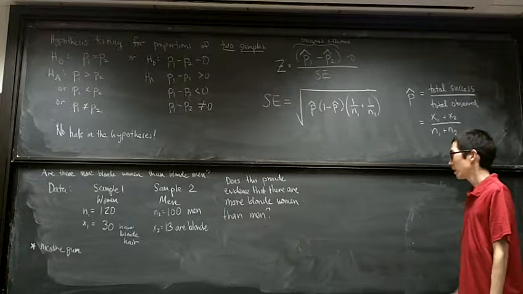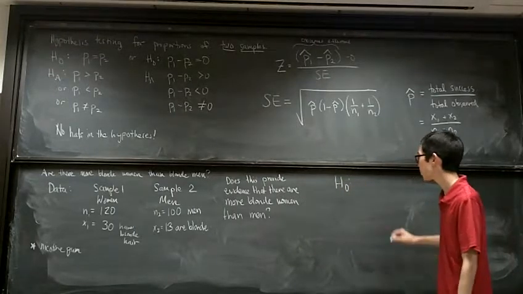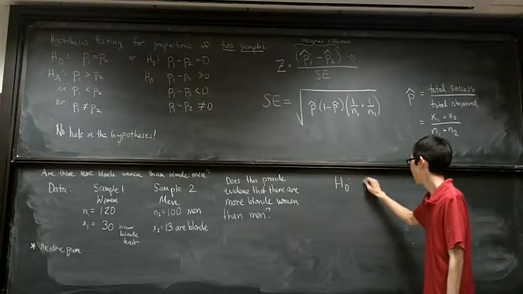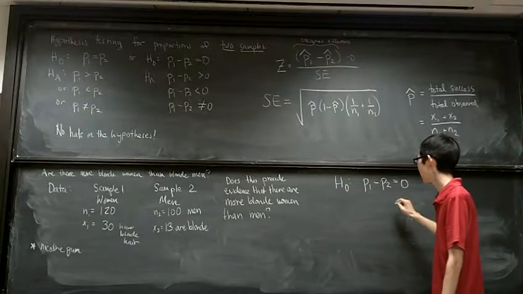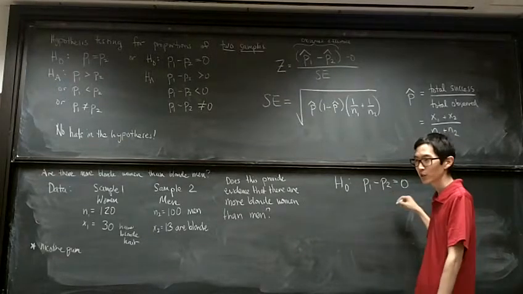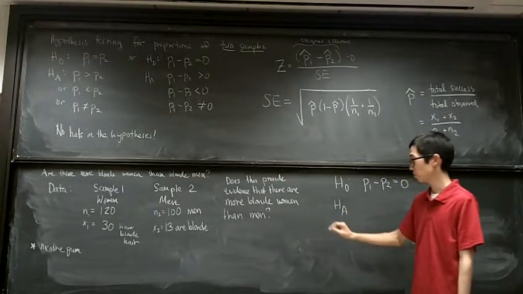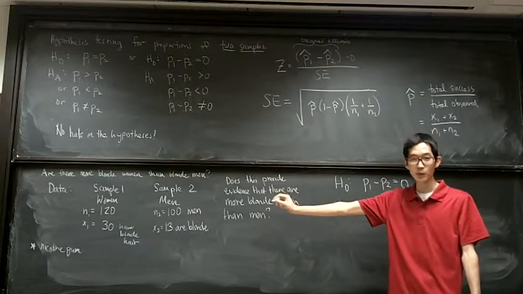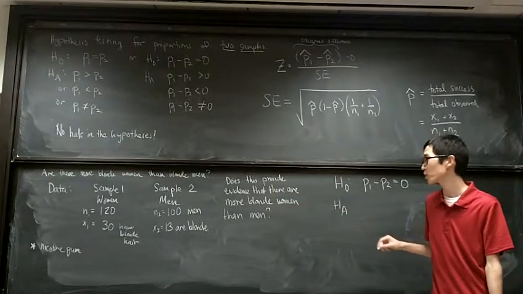All right, our null hypothesis would be what? p1 minus p2 equals 0. That's always going to be our null hypothesis. I could have written it as p1 equals p2, but I decided to write it this way. Sample 1 is the women, sample 2 is the men.